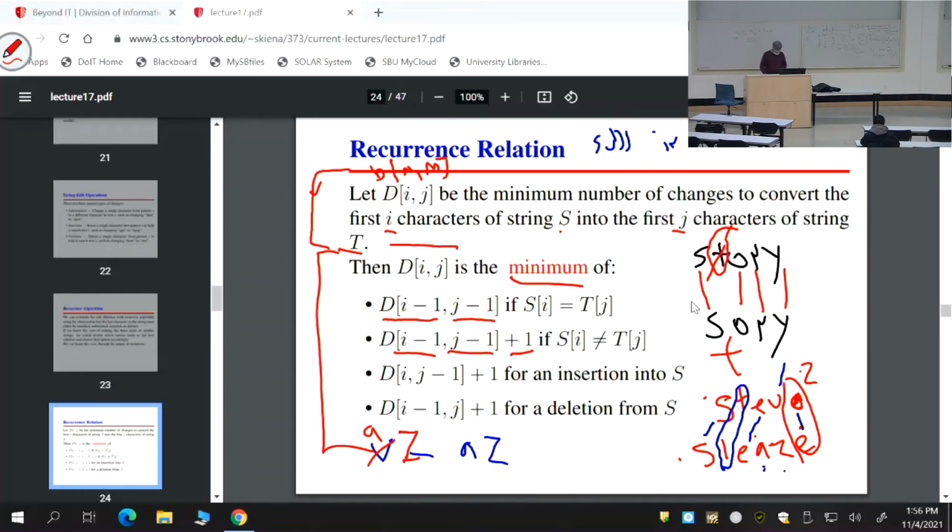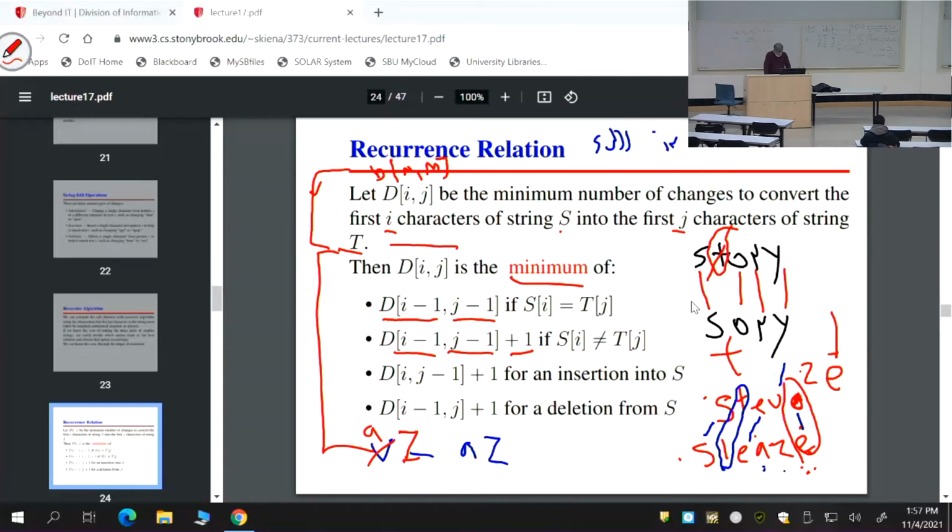If I was editing Steve's into sleaze, I may decide I want to add an E at the end of this, so that I can then match that. What would the cost of it be? If I add an E at the end of that string, I can match it on the other string.